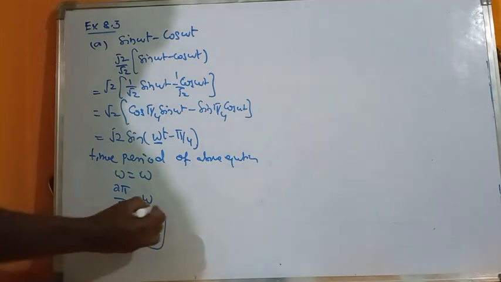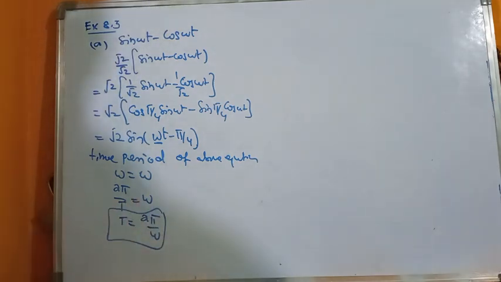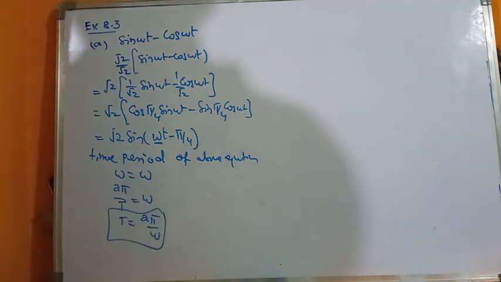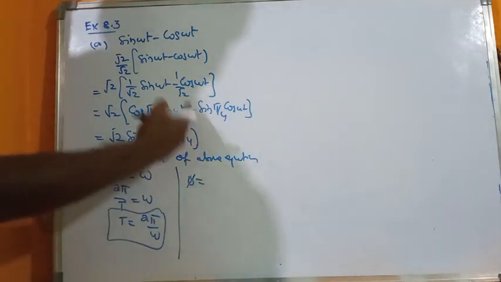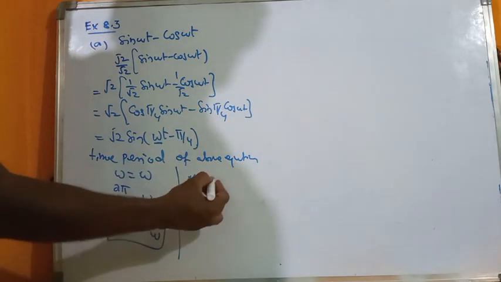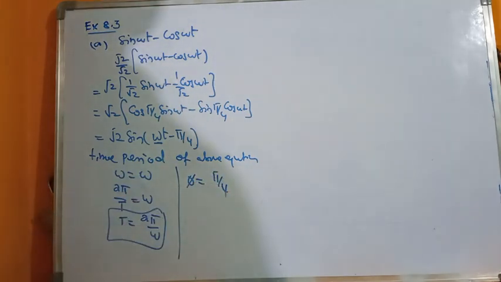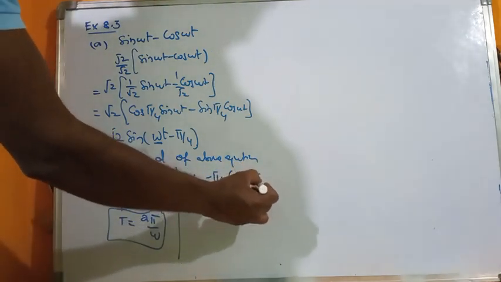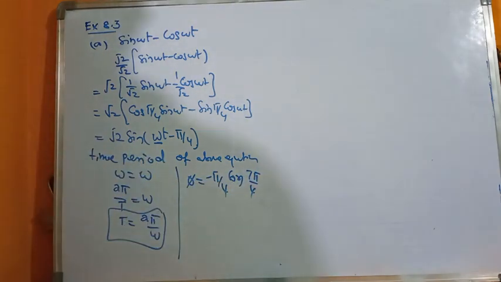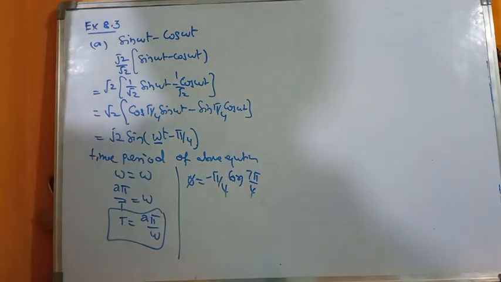This is the time period of this equation. Then the initial phase is pi by 4. So this is minus pi by 4, and we also got another one, that is 7 pi by 4. This is the initial phase of this equation.